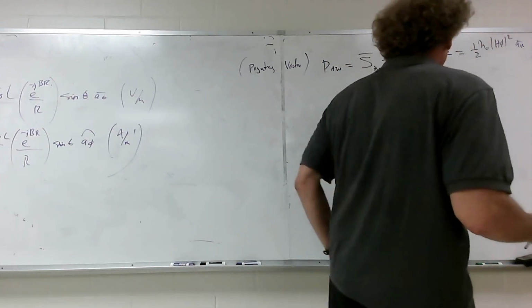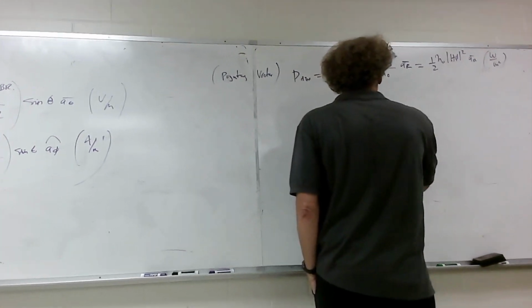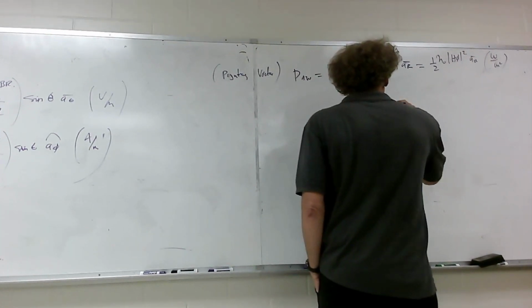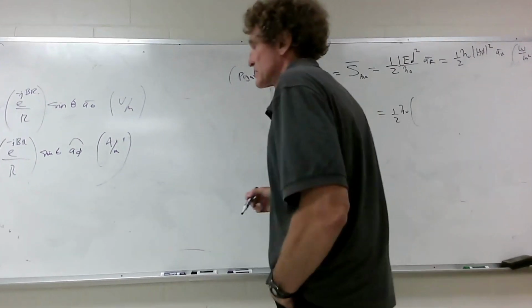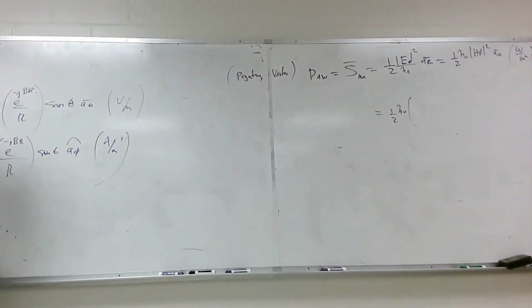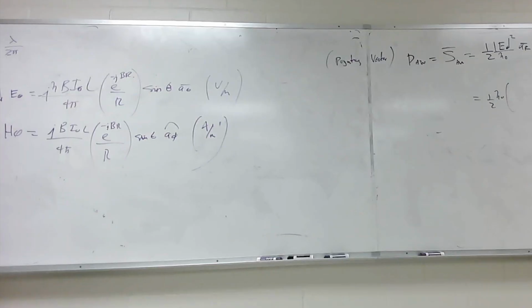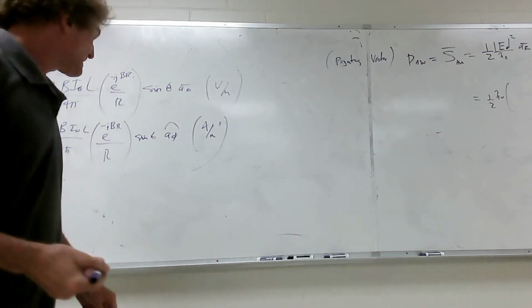If you do the latter, you would get 1/2 eta naught. Now we got to take H and square it. Here's H, and you'll notice what happens when you square it. You're going to get a sine squared, right? And remember, it's magnitude, the E field or H field, so that phase term goes away. So you basically get this.